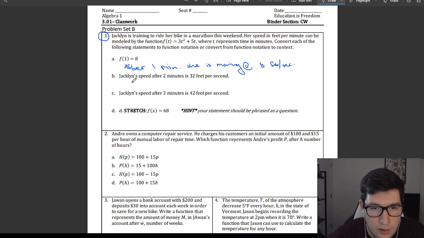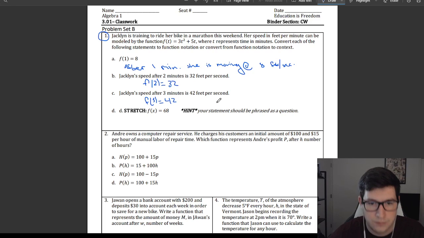And then B, it says that Jacqueline's speed after 2 minutes is 32 feet per second. Well, we're actually going to go the other way. What this is really saying is that, hey, f of 2, this function value where 2 is our input, is going to be equal to 32. And C is almost identical, just going to be different numbers. So we're going to have that f of 3 is equal to 42.